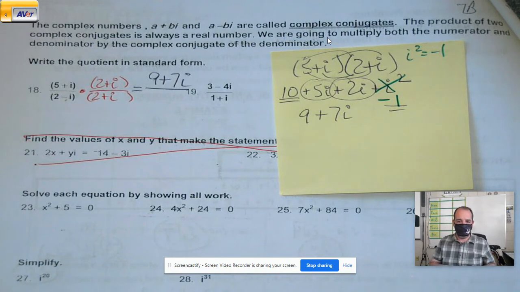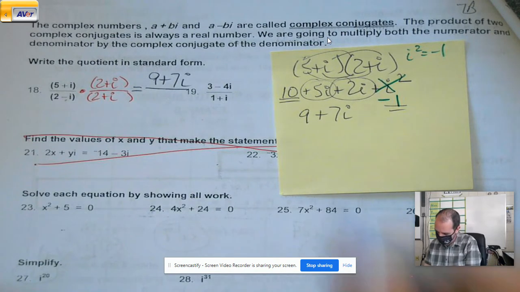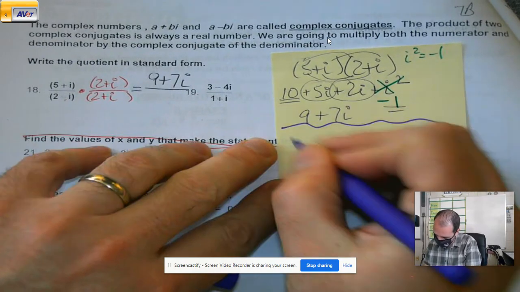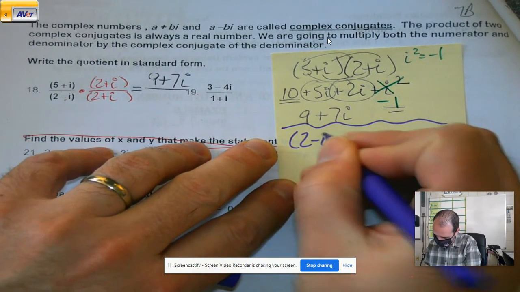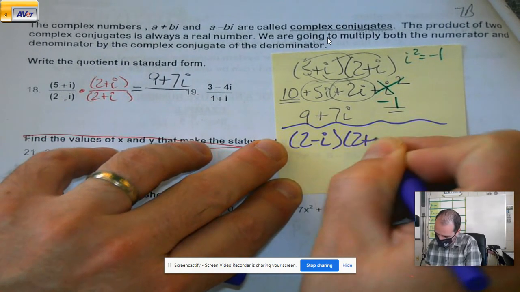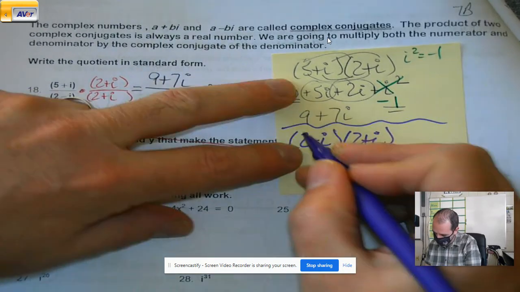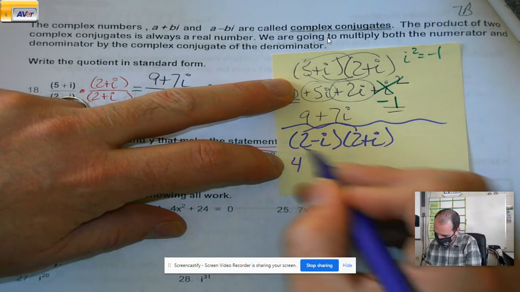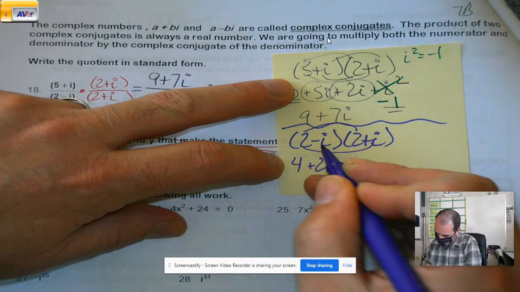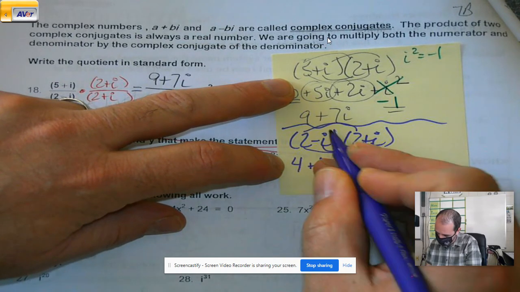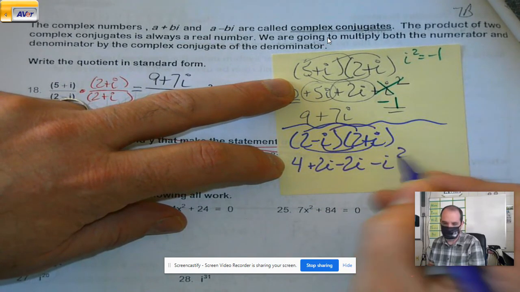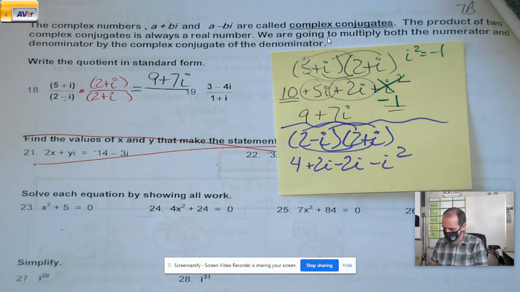Now, there is going to be a trick with this, or a shortcut. I'm not going to just tell you, I want you to see what it is. So I start to FOIL again: 4 plus 2i minus 2i minus i squared. A couple things to take note of.